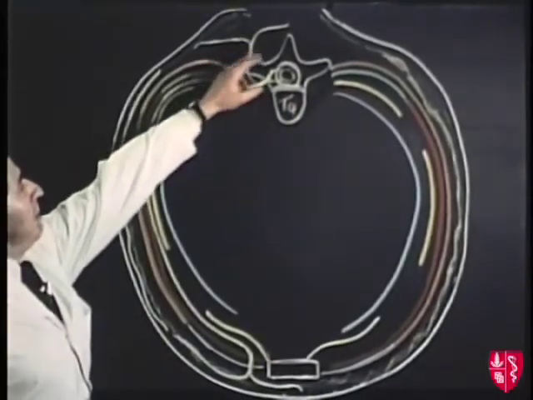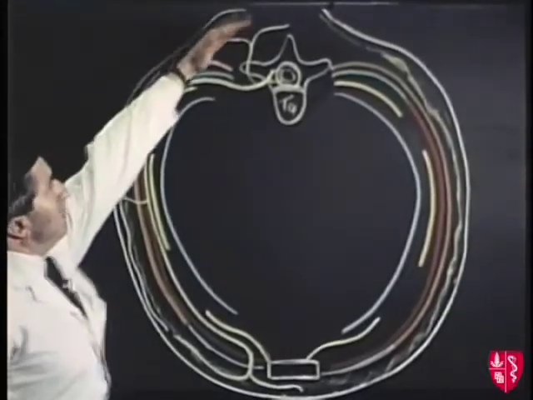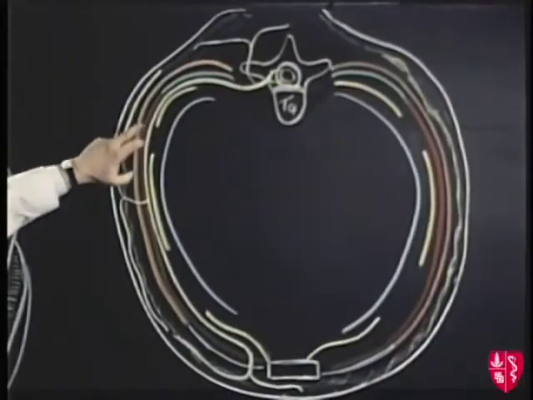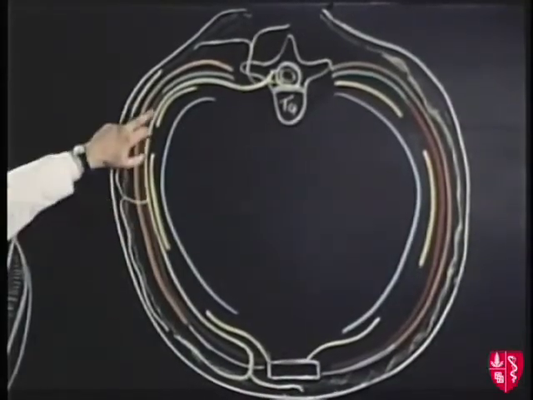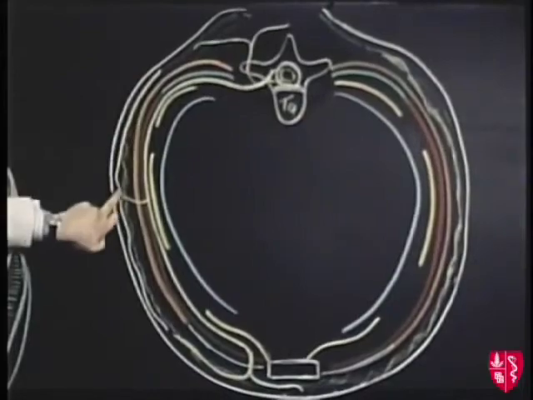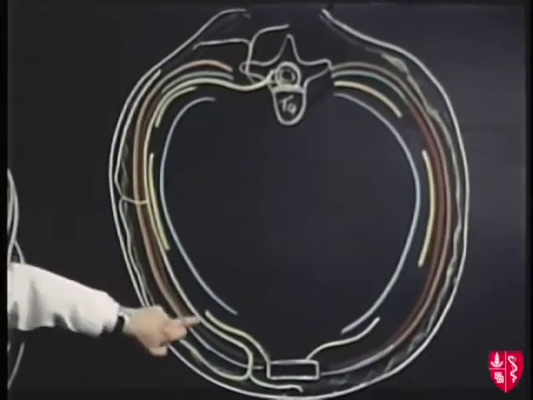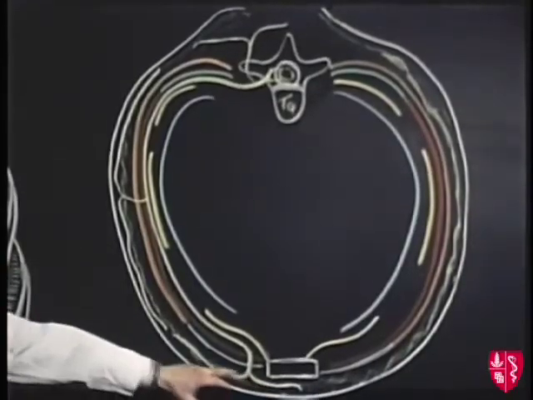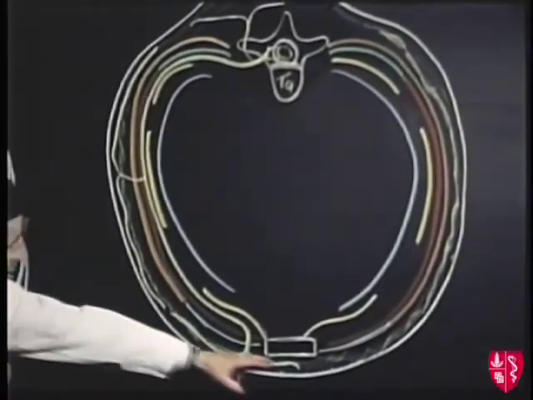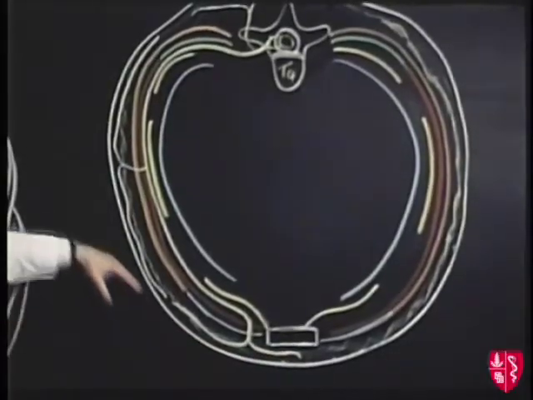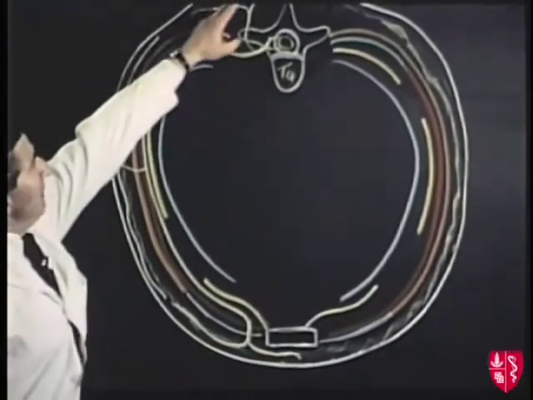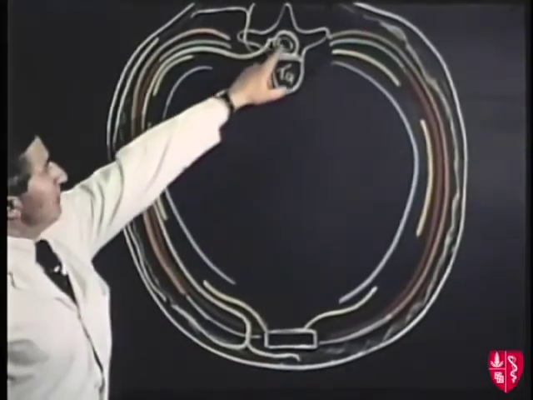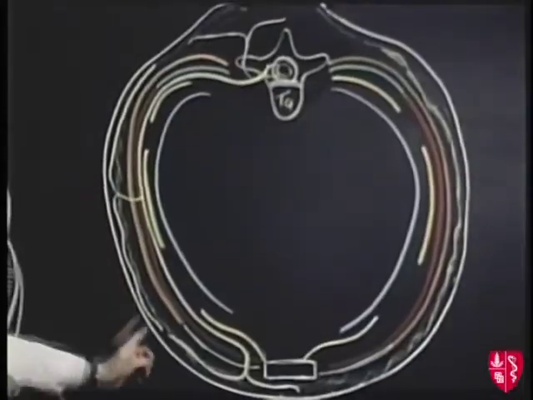Then the posterior primary ramus will supply an area of skin over the back, and the anterior primary ramus will come round and become the intercostal nerve, because it's lying between two ribs, gives off its lateral cutaneous branch, which divides in this manner, and then comes on forward and ends as an anterior cutaneous branch, which divides into medial and lateral branches. So that we have a strip of skin going all the way around the thorax, right from the midline posteriorly to the midline anteriorly, which is supplied by one segment of the spinal cord. This is, in fact, a dermatome.